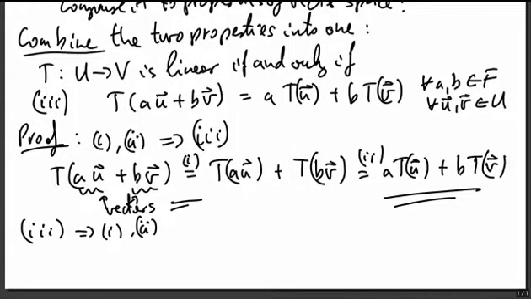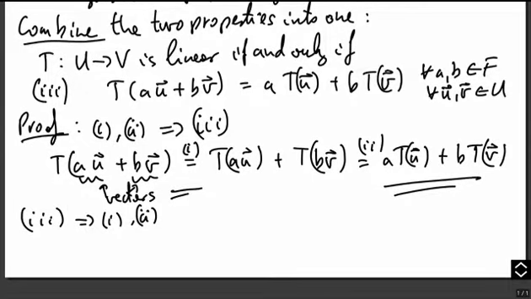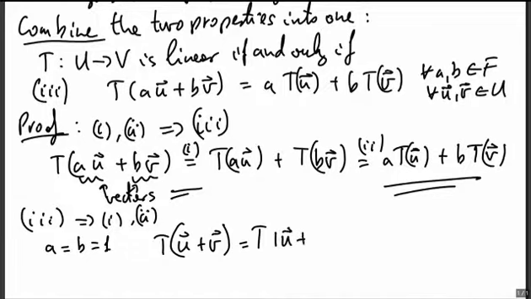So I'm going to use 3 now. 1 is when you have just u and v. So 3 holds for all a, b. Let's take a equals b equals the unit 1. So that means I have for T of u plus v. This is really 1 times u plus 1 times v.